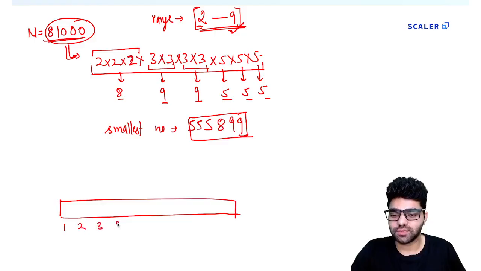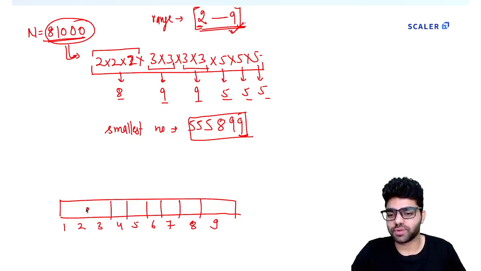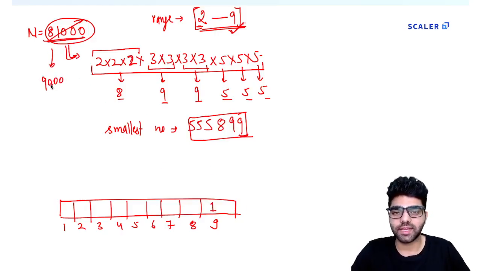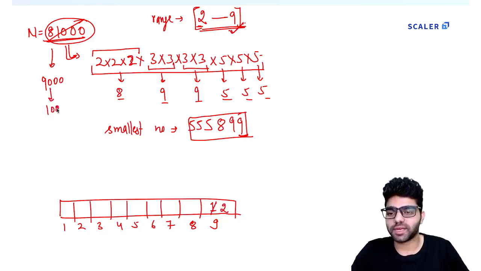So I'm considering this range from 2 to 9, and we will start our division from 9. Now I will check if the number is divisible by 9. Yes, then divide the number by 9 and increase the counter. Now again, is the number divisible by 9? Yes, increase the counter and divide the number by 9.